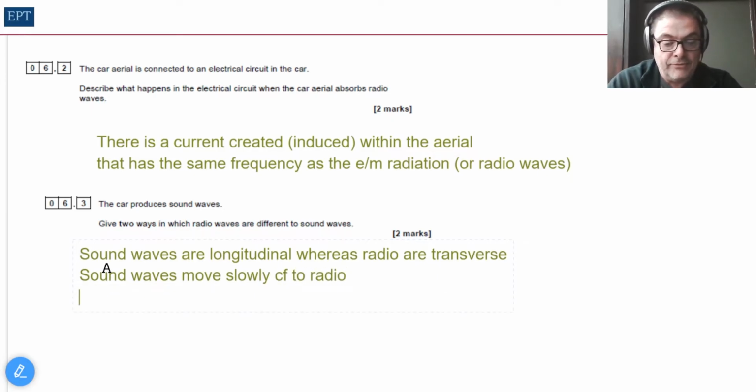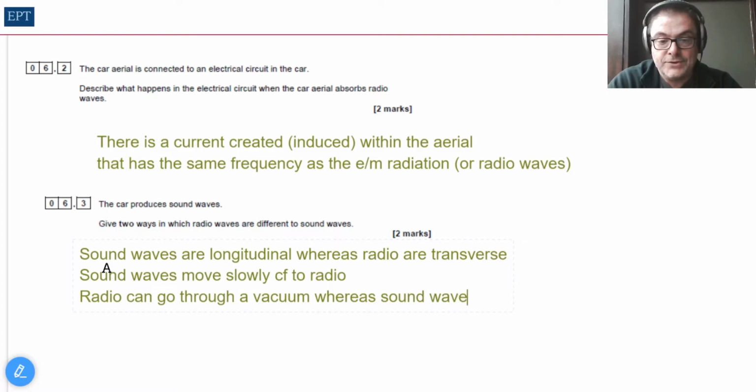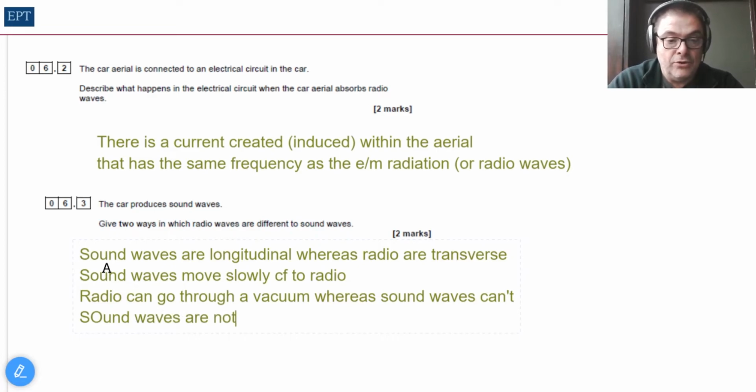You could say that radio can go through a vacuum, whereas sound waves can't. You could say that sound waves are not electromagnetic fields, whereas radio waves are. And so any of those really would do.